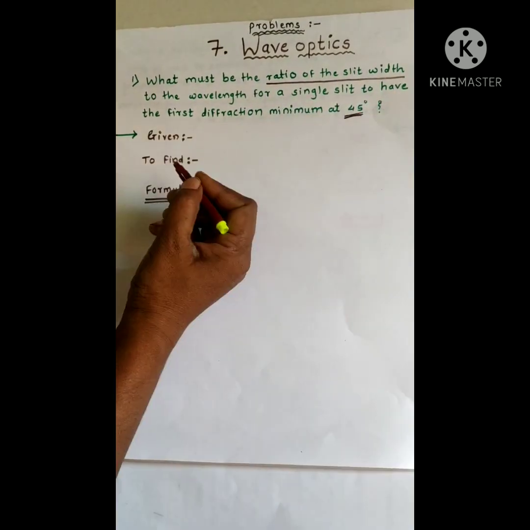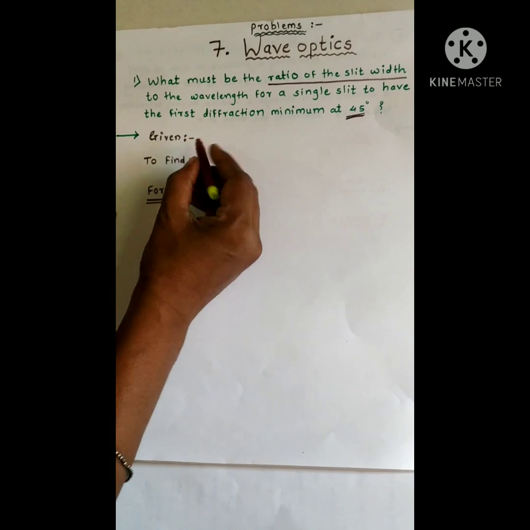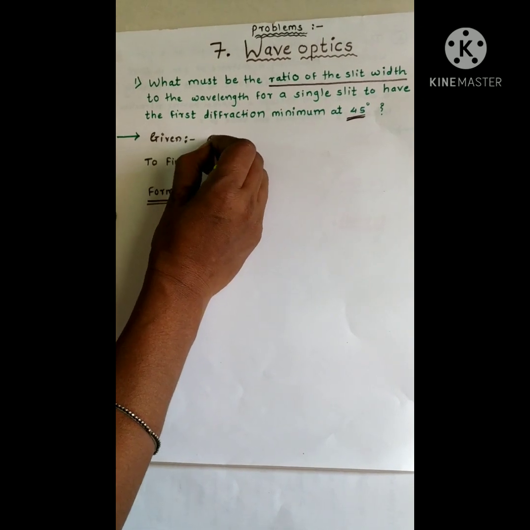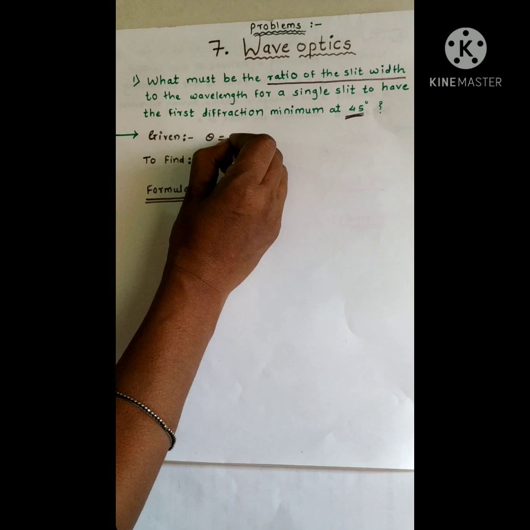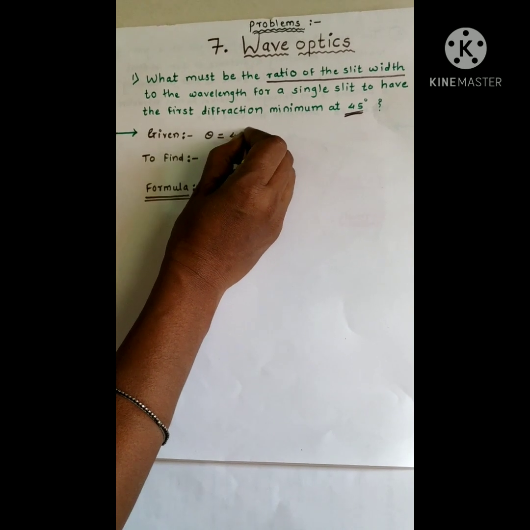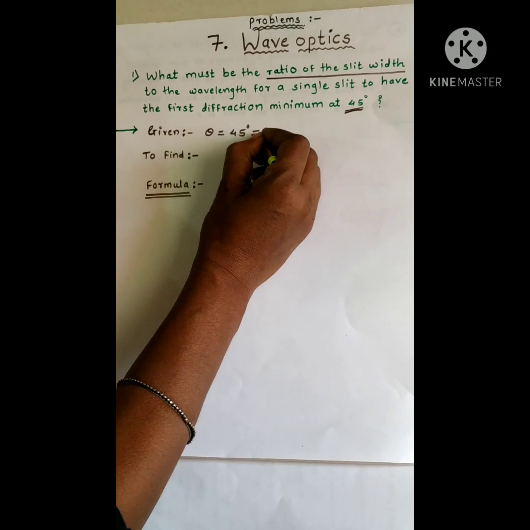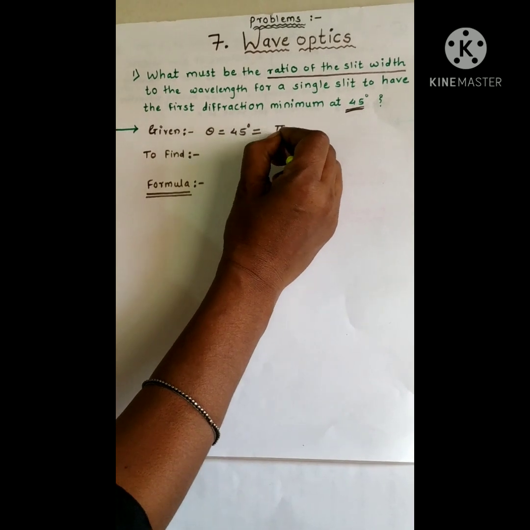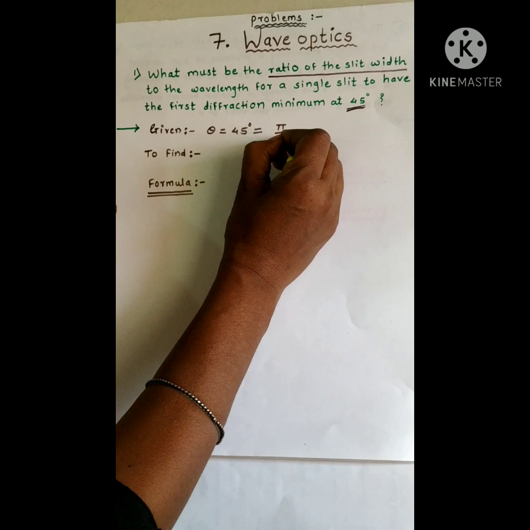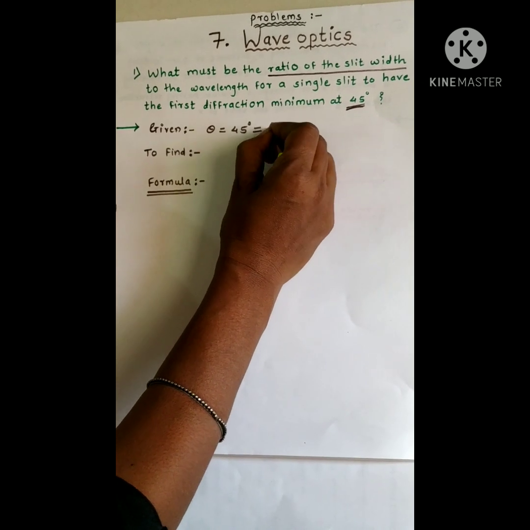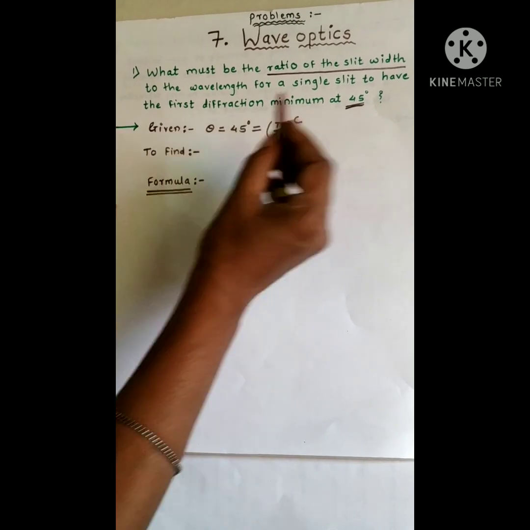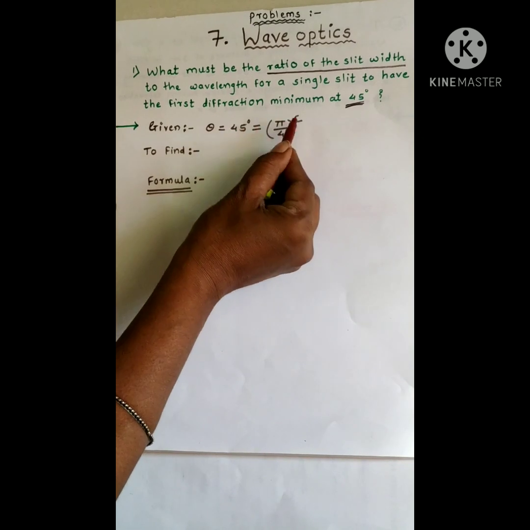So, given: theta is equal to 45 degree. Now 45 degree we will convert into radian, that is pi by 4 radian.